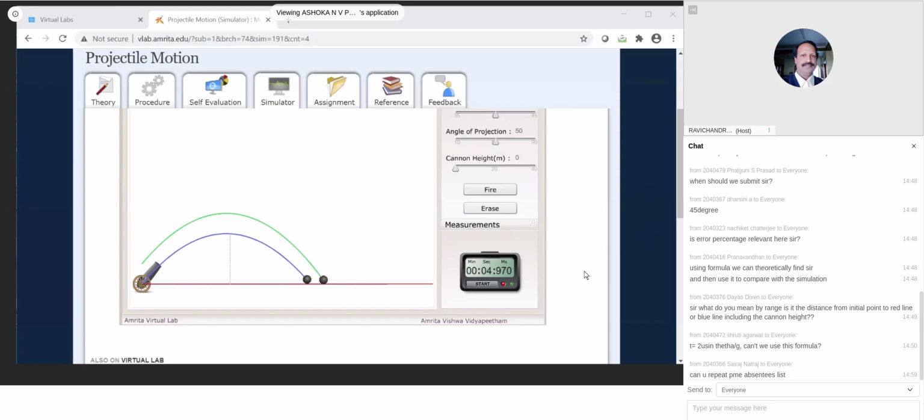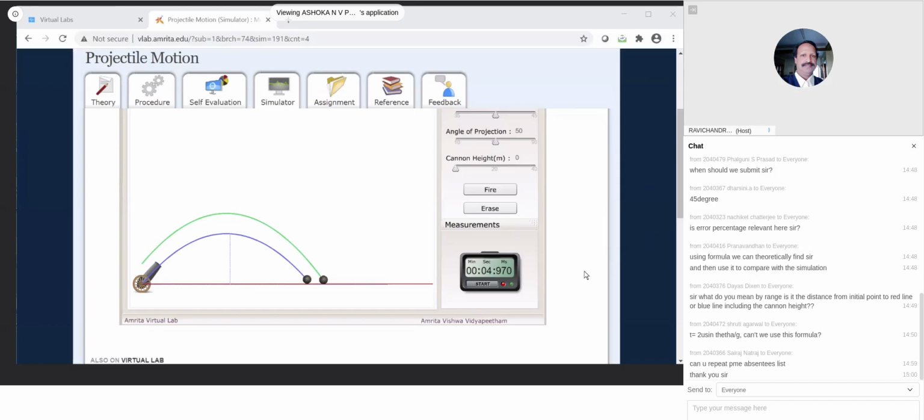Oh, another one, Pushkar Singh, his name is coming, but his register number is not there. Yes, done. Sairaj Natraj, can you repeat the PME absentees? PME 8, 21, 30, 34, and 55. Okay, I'll enter it in the KP.